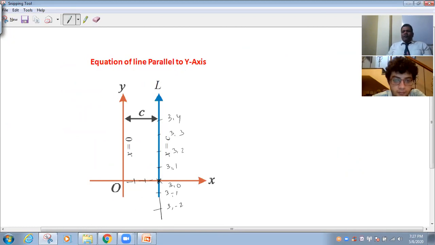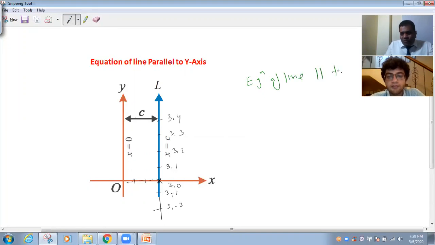So you see, you take any point on this line, the x coordinate is constant. X is always 3. So this line is parallel to the y-axis, so the x coordinate is constant. How we can generalize this one: the equation of a line parallel to the y-axis is x equal to some constant term k.